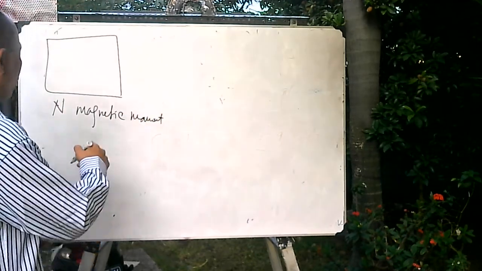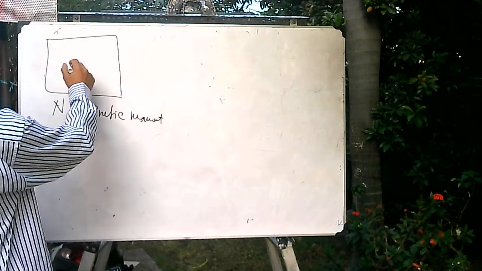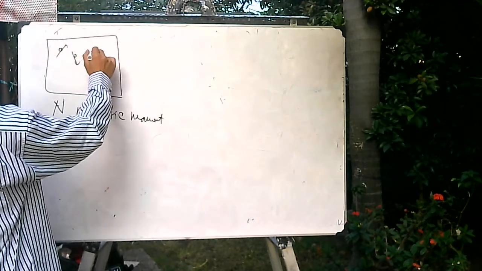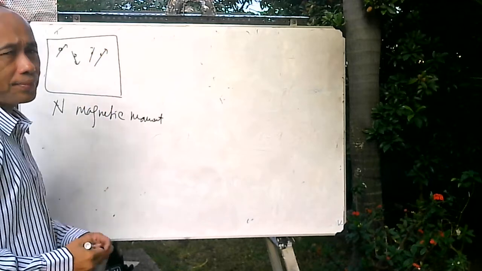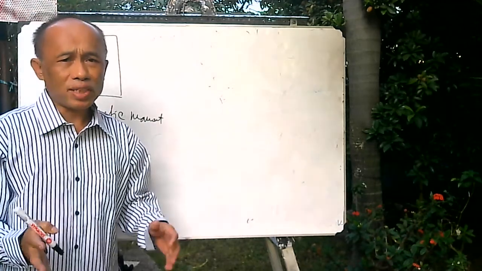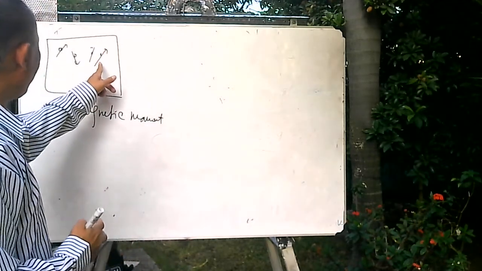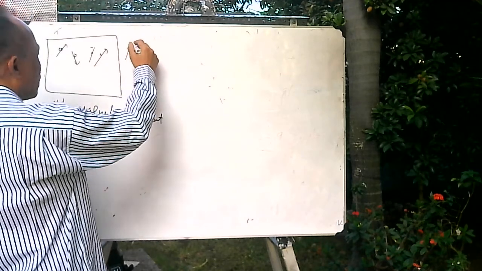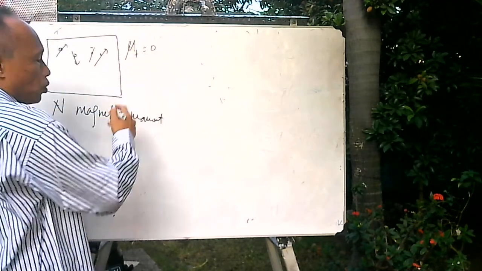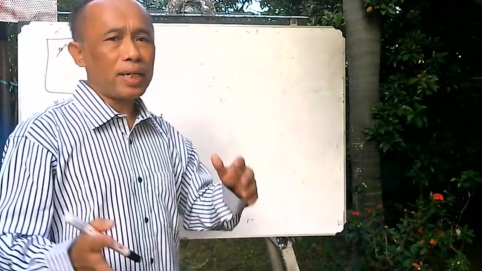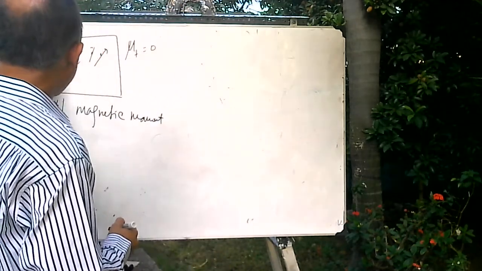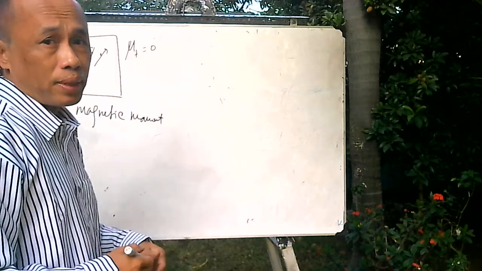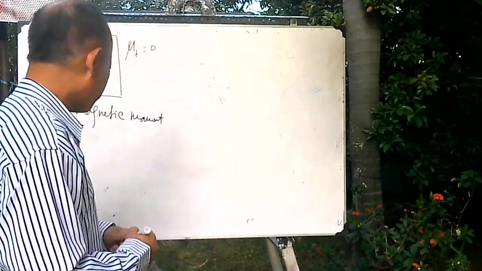Without the application of the magnetic field, the direction of the magnetic moments in this assembly is random. All directions will be held by the magnetic moments, so the total magnetic moment is 0, because all directions can be found in this assembly. If we sum all of the magnetic moments, the total is 0.